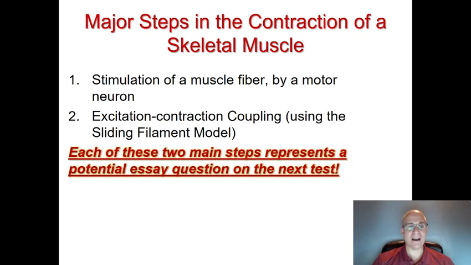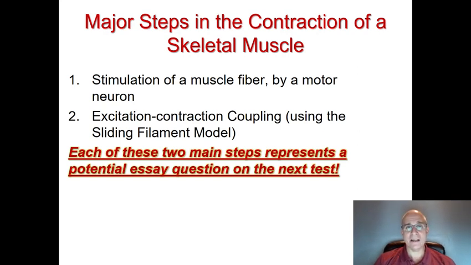Now, please be aware that each one of these 2 main steps, stimulation of a muscle fiber by a motor neuron and excitation-contraction coupling, each one of these is a potential essay question on the next test. I can tell you from experience, students tend to want to smush these 2 things together. But I am going to be very deliberate in going through these as separate steps.